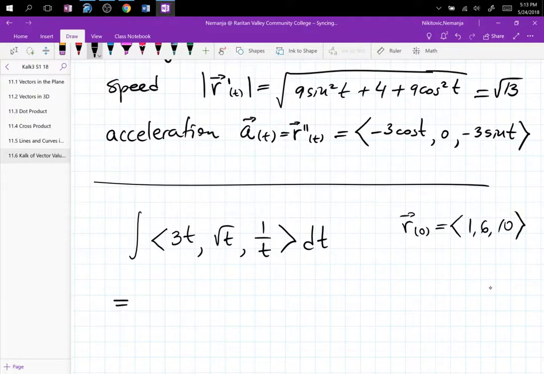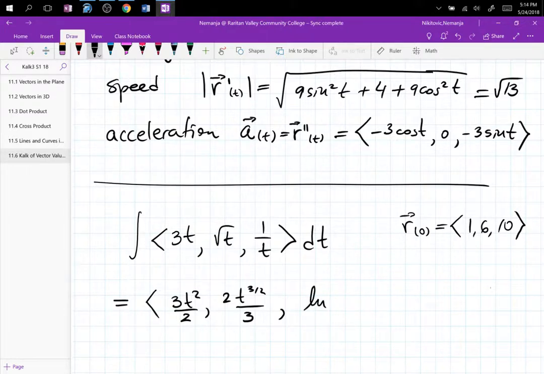Now we integrate term-wise. The integral of 3t is 3t squared over 2. The integral of square root of t is going to be 2/3 t to the 3/2. Please pay attention, 3 halves divided by 3 halves. And then the integral of 1 over t is ln of t, plus vector C, which is our constant.